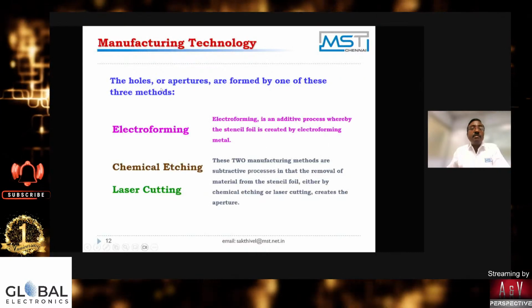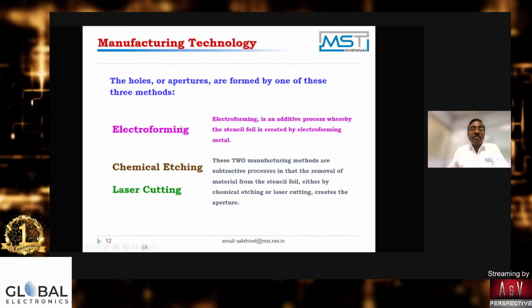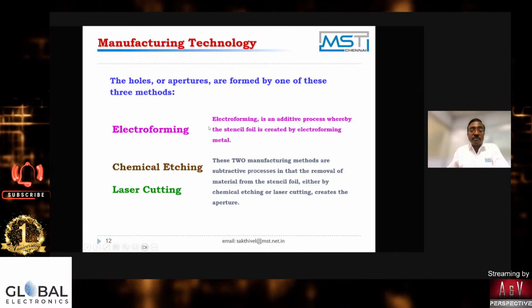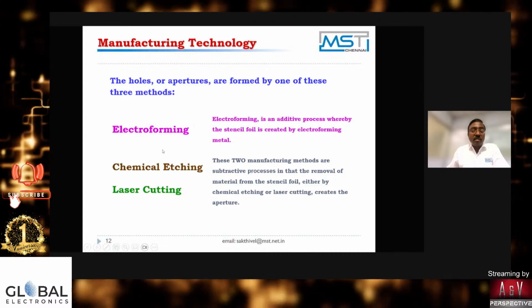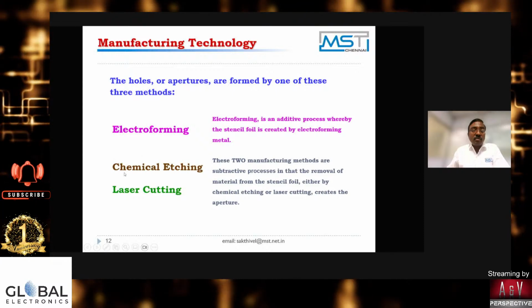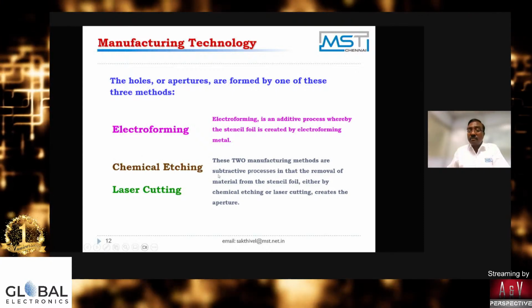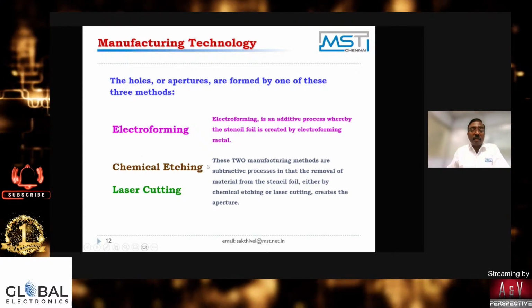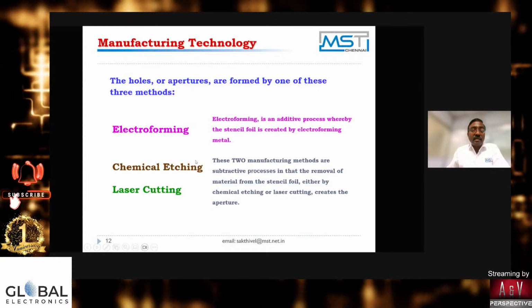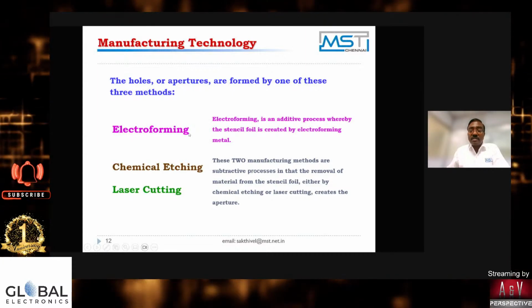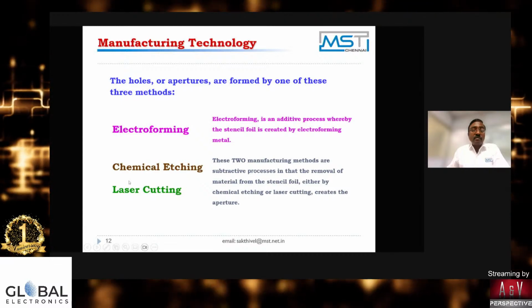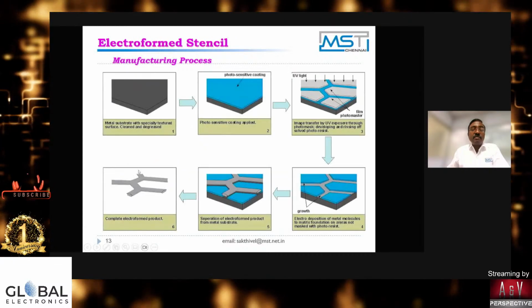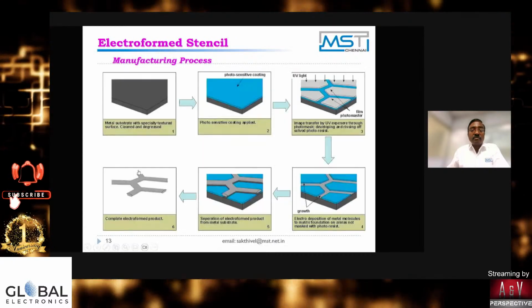So these are the methods of manufacturing stencils. The ancient method is chemical etching, and later there was electroforming, and in recent days there's the laser cutting method.